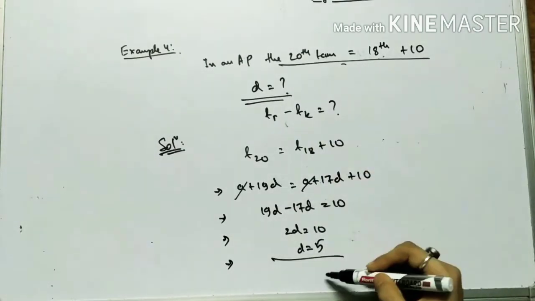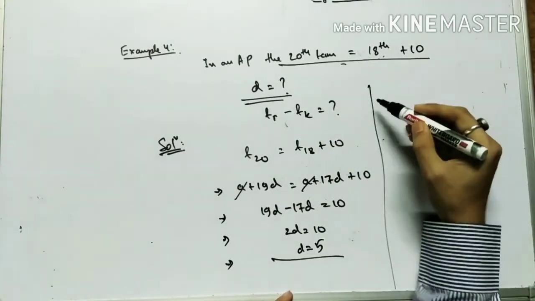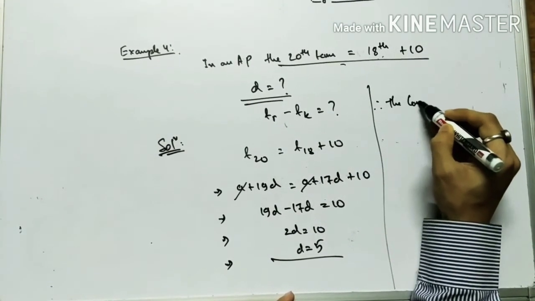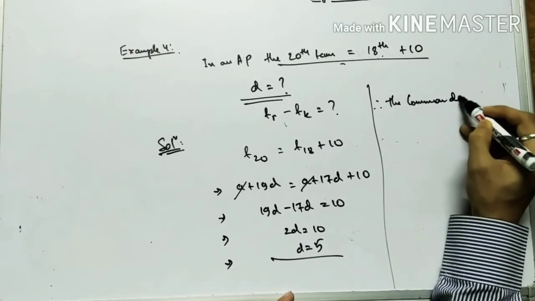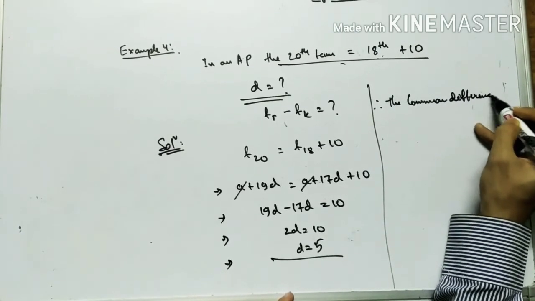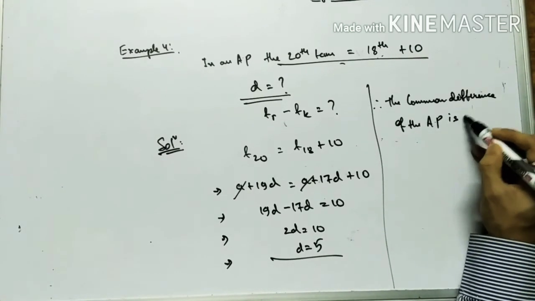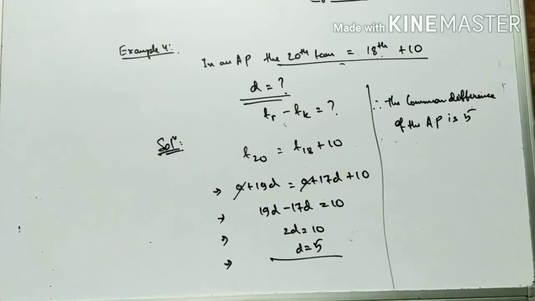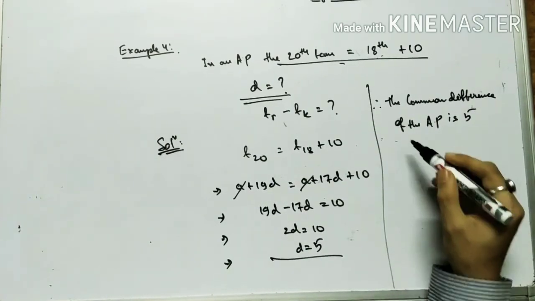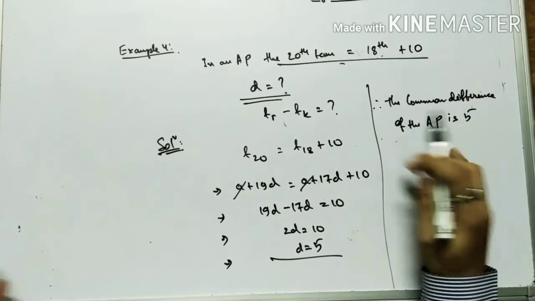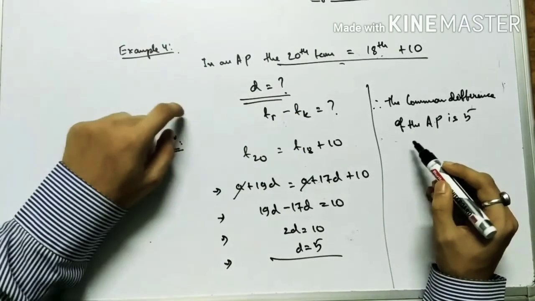I had to find the value of D, and I got it. Therefore the common difference of the AP is 5. Next, again, I have to find TR minus TK.